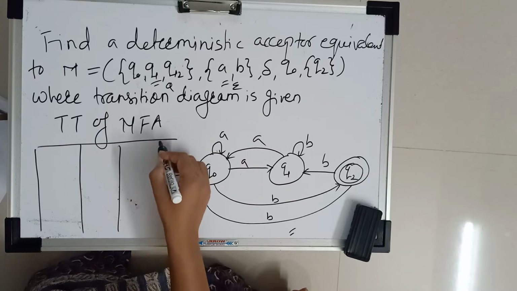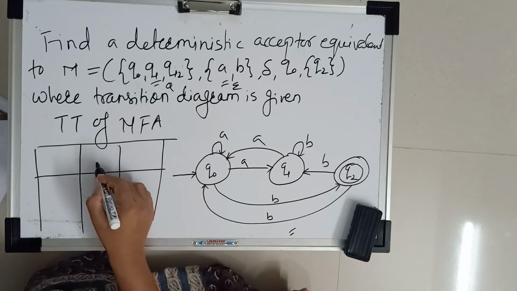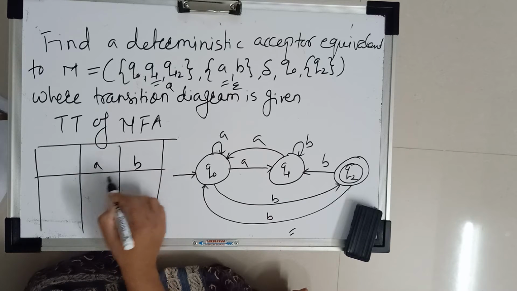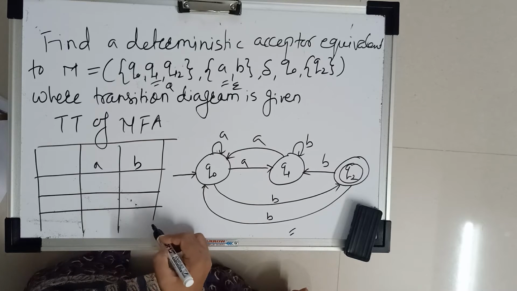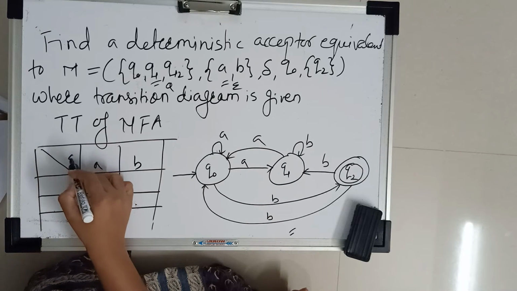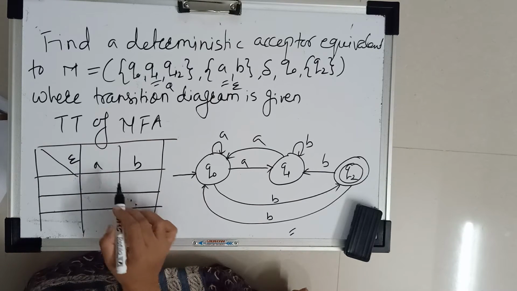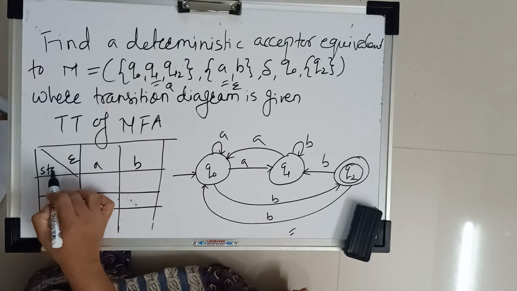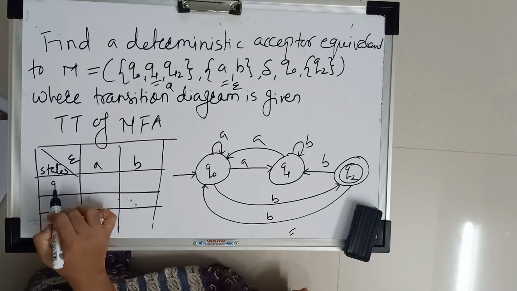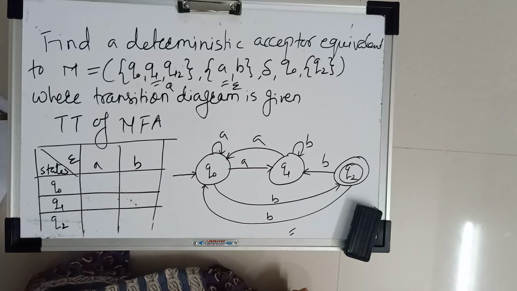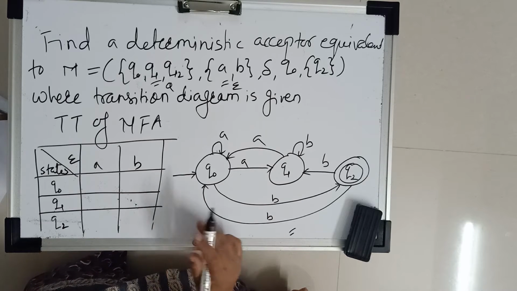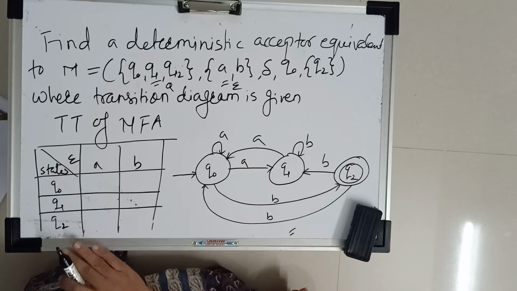So 3 states are given and the inputs are A and B. Your input alphabet is A and B, and the 3 states are Q0, Q1, Q2. So we have to convert this diagram into a transition table.